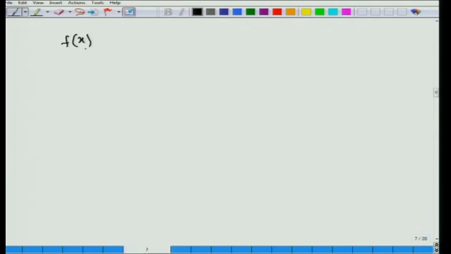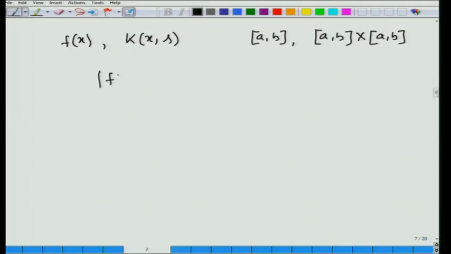We are assuming f x and k x comma s both of them are continuous over the domain a comma b and a comma b cross a comma b. So, therefore, both of these functions are bounded, because a and b are finite, these are closed intervals, this is a closed square, and we assume these bounds as L1 and L2 respectively.